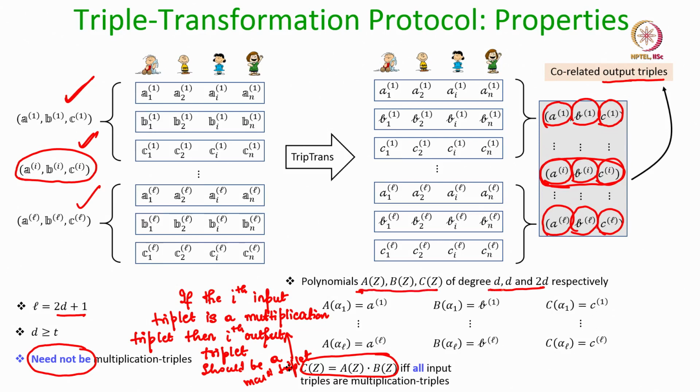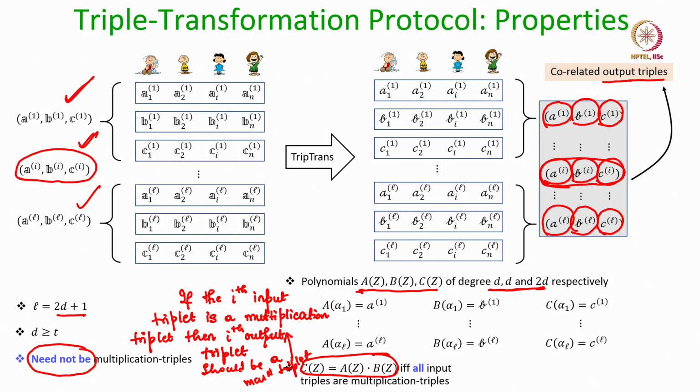However, you see the degrees of the A and B polynomial are d, whereas the degree of the C polynomial is 2d, and the second correlation that I want here is that if all the input triplets are multiplication triplets, then all the output triplets will be multiplication triplets, and that will further guarantee that the C polynomial will be the product of A and B polynomial.